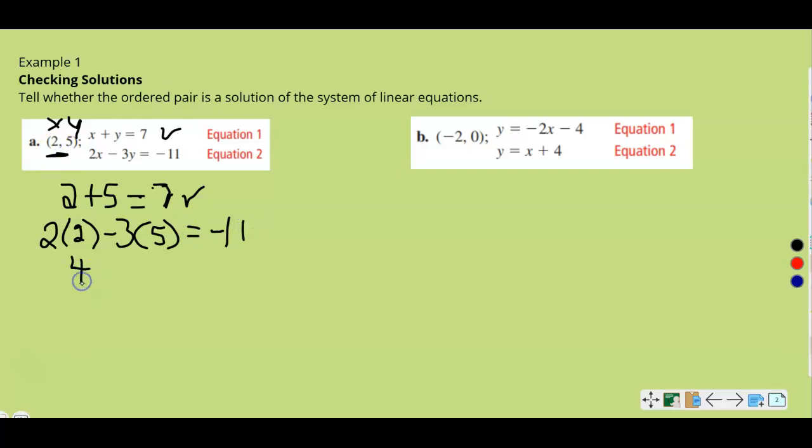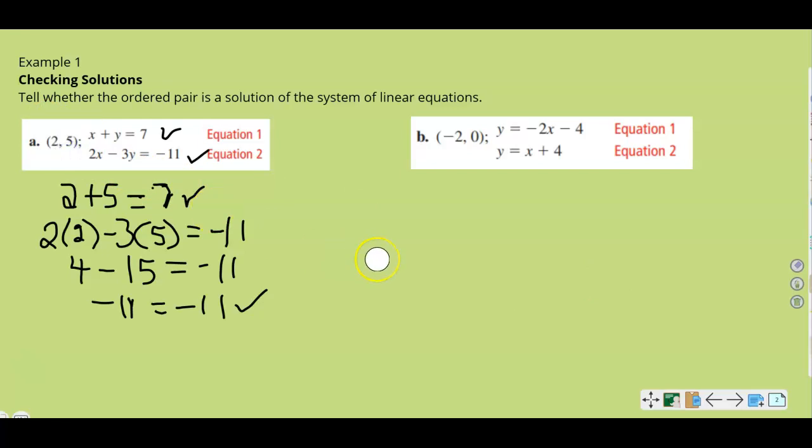So that's going to be 4 minus 15. Does 4 minus 15 equal negative 11? Negative 11 equals negative 11, so it does. So 2 plus 5 equals 7. And when we plug in 2 and 5 in the second equation, negative 11 equals negative 11. So we can say that (2, 5) is a solution to this system because it works for both equations.